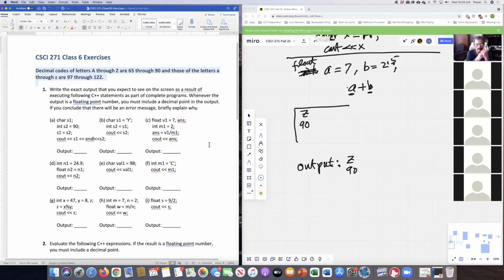Three point zero. Any other answer? 0.5.